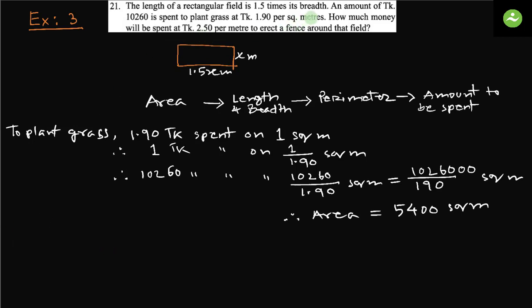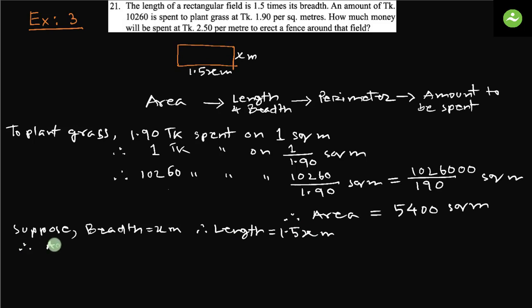Again from the question, it says the length of rectangular field is 1.5 times its breadth. If breadth is x meter, length is 1.5 x meter. Suppose breadth equals x meter. Therefore, length equals 1.5 x meter.